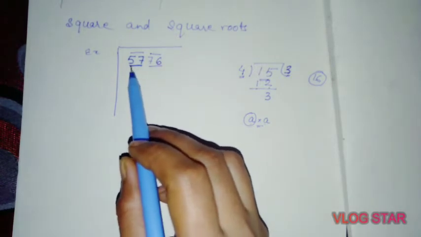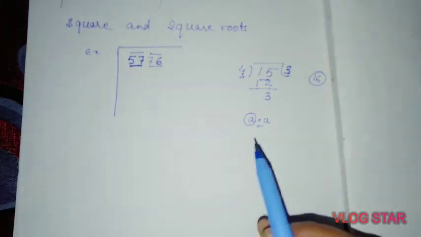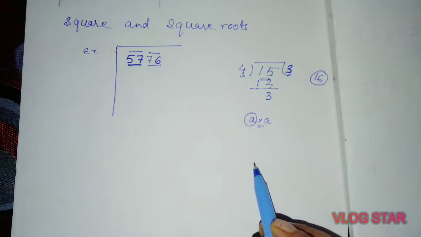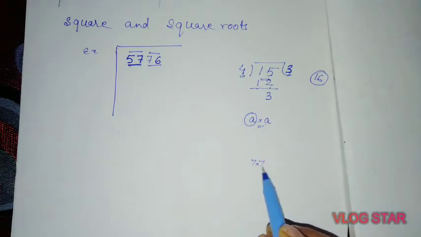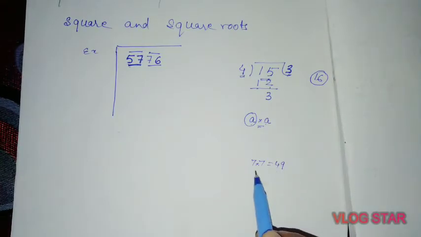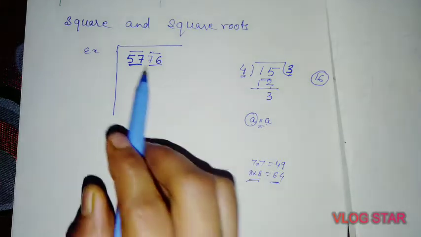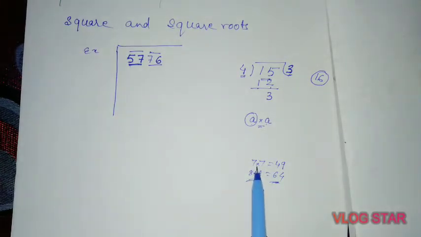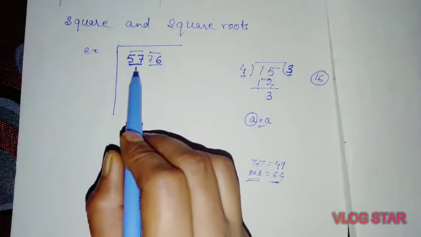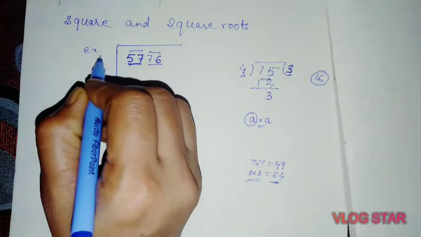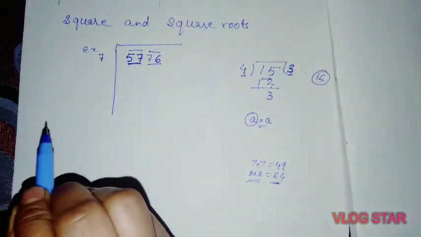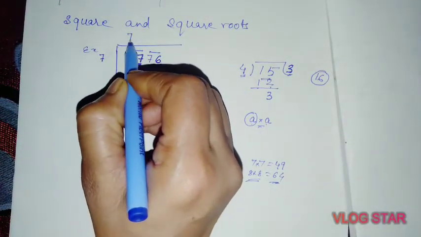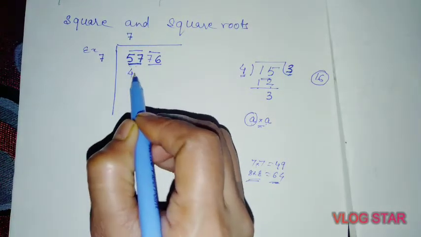So before 57, we recall 7 7s are 49. Then 8 8s is 64. So 8 8s is 64, which is greater than 57, and 7 7s are 49, which is less than 57. So we have to divide it 7 times. 7 7s are 49.